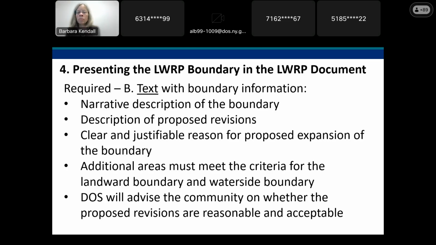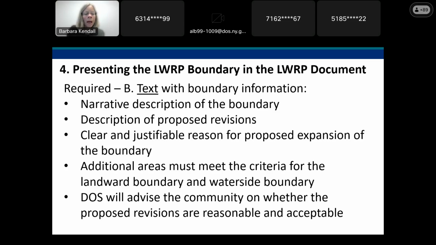Or say you had a state park, which is a large parcel within your boundary. You could say to the boundary of that particular state parkland, and then along the shoreline. So it's more of a narrative description, but it describes it well enough that you can follow it on the map.